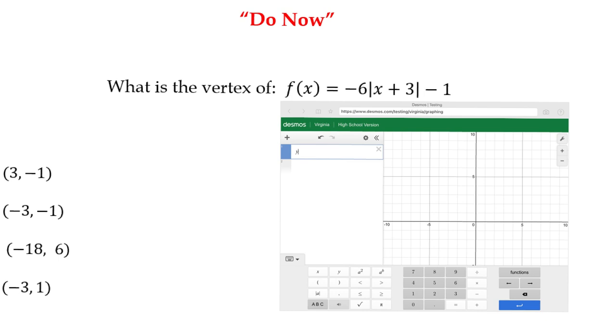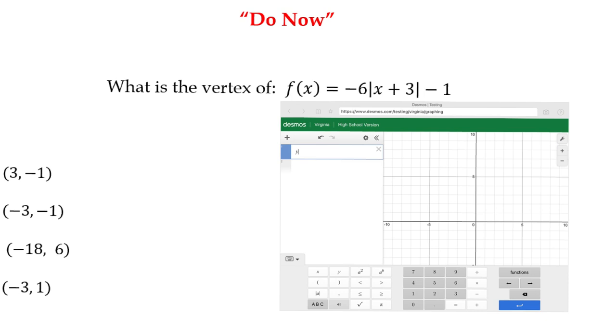And I'm going to type this in again. So you have y is equal to negative 6 times the absolute value of x plus 3, and then minus 1. Okay, you can see that it is a V-shaped graph.